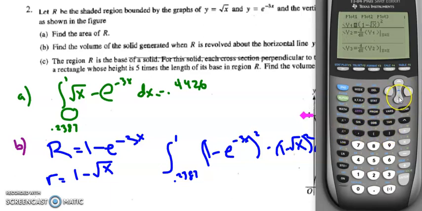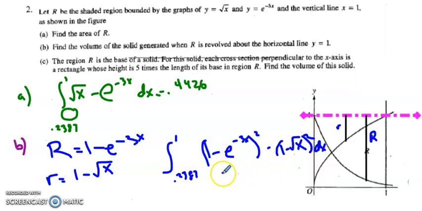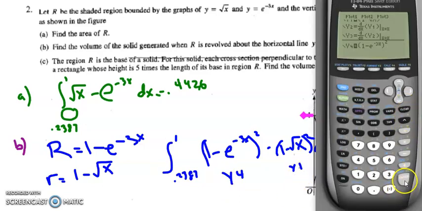So that is my little r squared. And then down here, I'm going to insert open parentheses, and then 1 minus e to the negative 3x, close parentheses, and square it. So now my big R squared is in y4, and my little r squared is in y1. So now I'll hit enter, go back to my home screen.